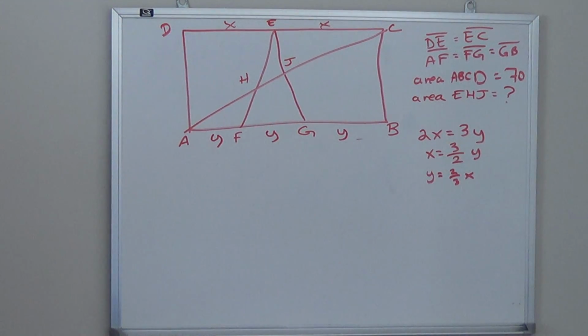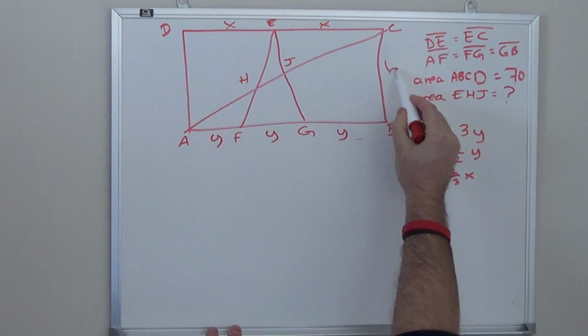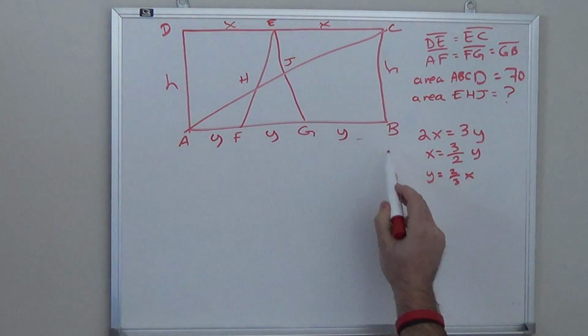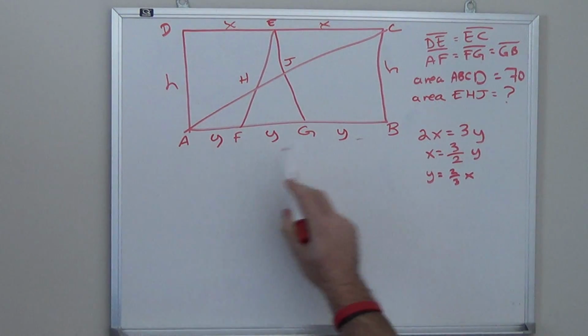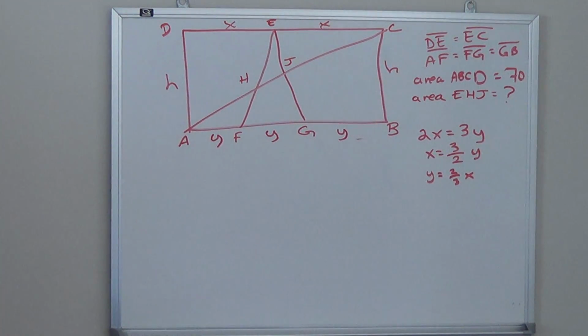And one thing we also know is that they both share this in common. I guess we'll call this the height, h. They share that in common. We don't know what that is, but what we do know is that the length times the height, either 3y times h or 2x times h, is 70. That's a fact because the area is just 70.